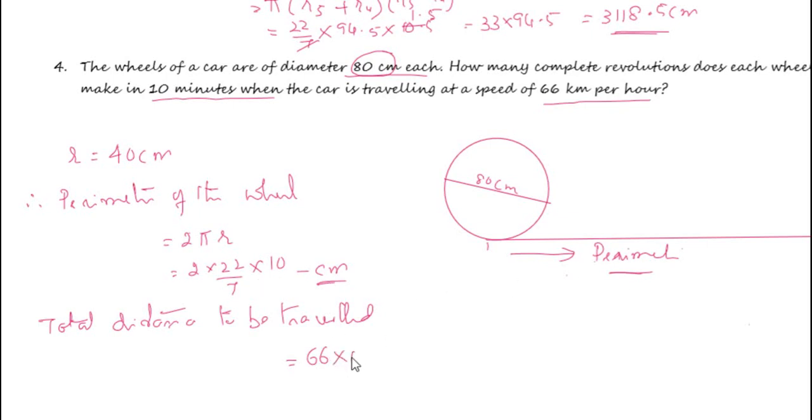So multiply by 1000, again by 100. This converts kilometer into meter and then to centimeter. But this is the distance traveled in centimeters per hour, but I want it per minute. So I am dividing by 60, but I want it for 10 minutes. So I am multiplying by 10 minutes.